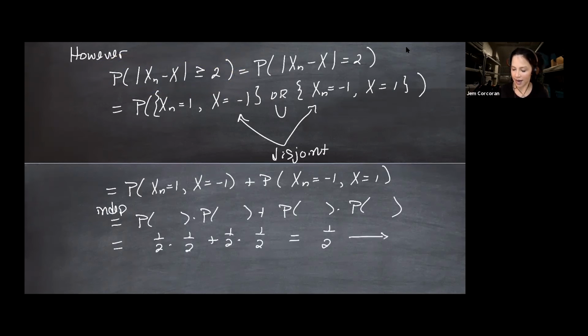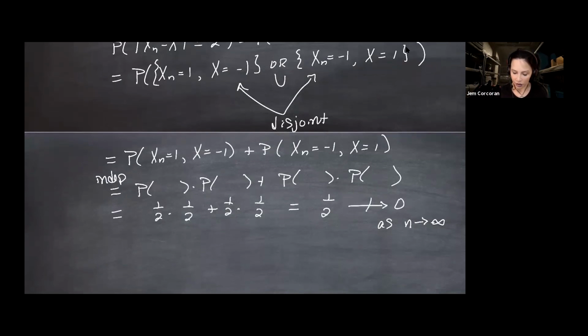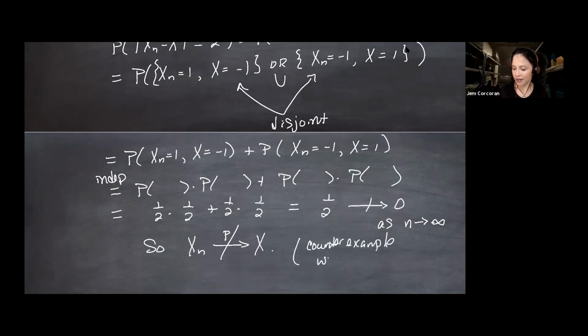This does not go to 0 as n goes to infinity. So we exhibited, for the counterexample, a particular epsilon where this won't work. So x_n does not converge in probability to x. So we have a counterexample, with epsilon equals 2.